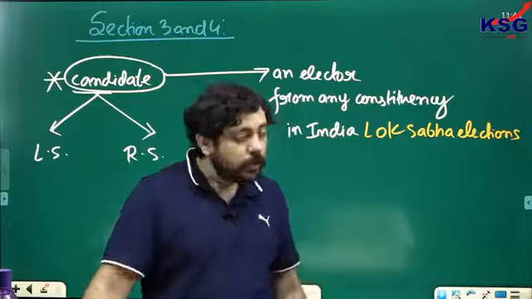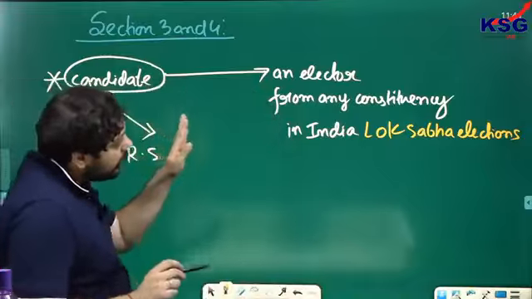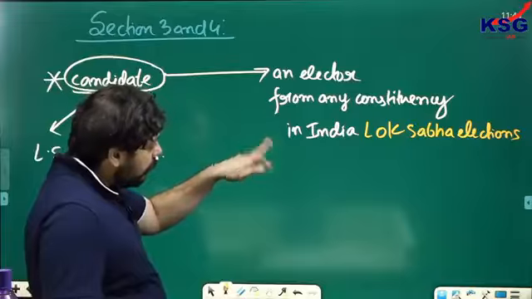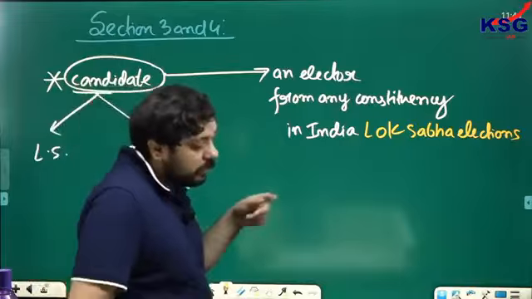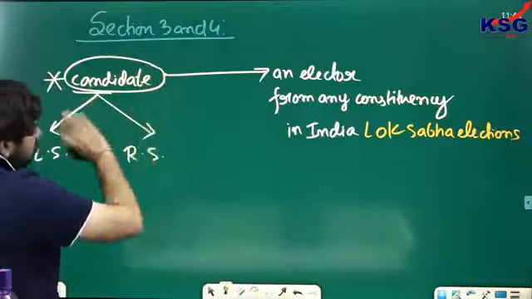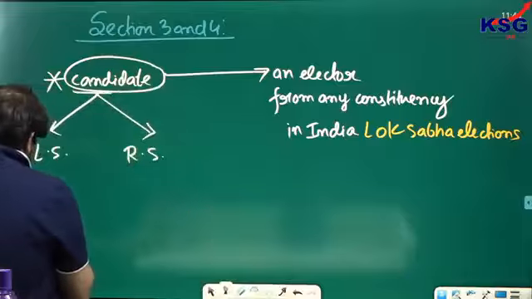You see the point? So any constituency in India, if you are an elector from, you can make yourself a part of the Lok Sabha and Rajya Sabha elections. You see the point? This is the only thing which has been given over here. Now let me just briefly tell you a background about it.